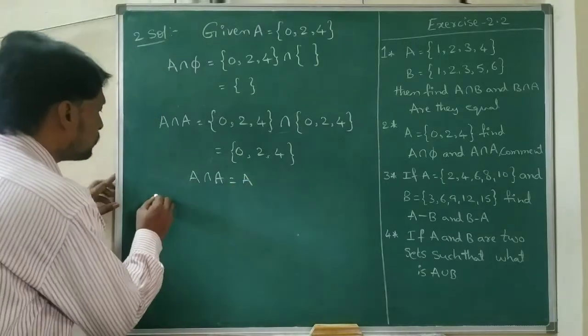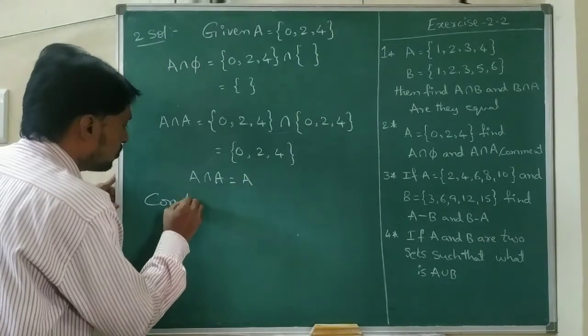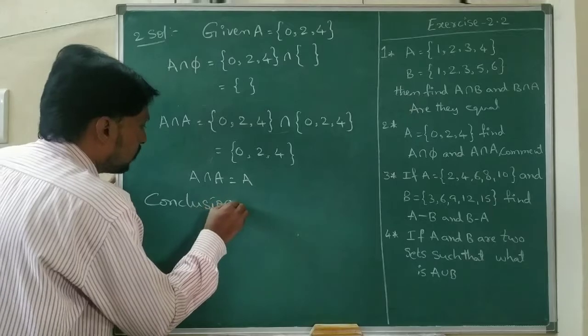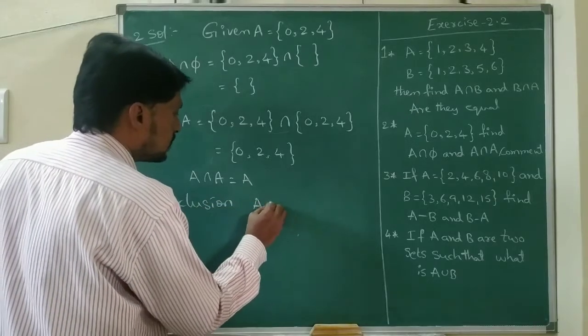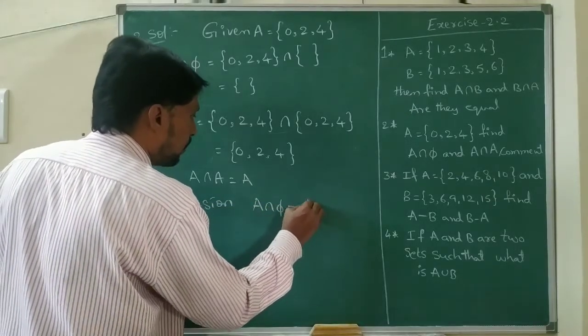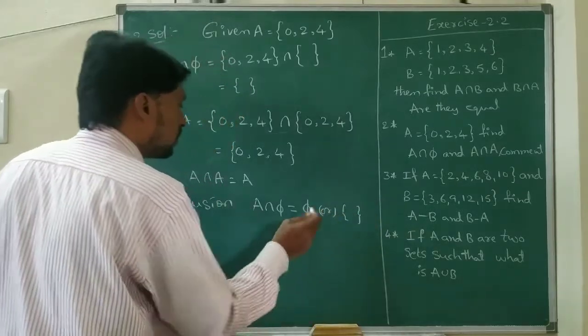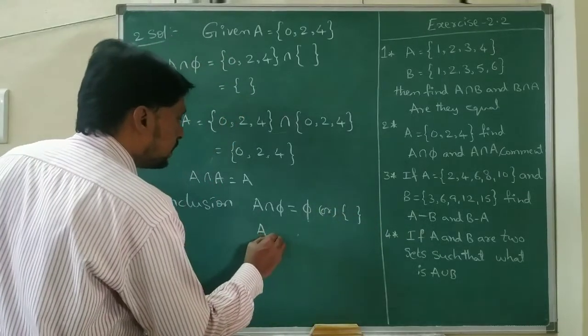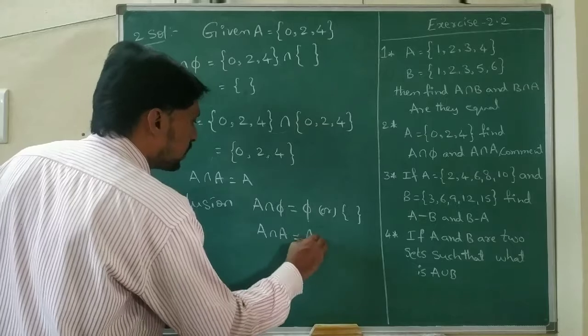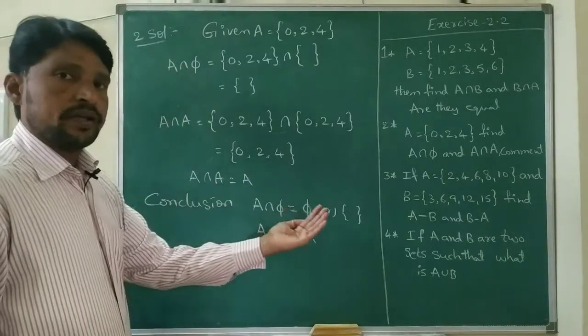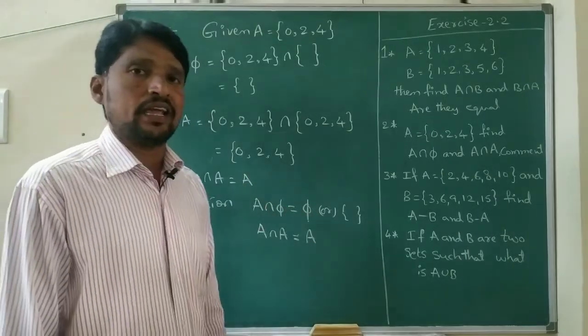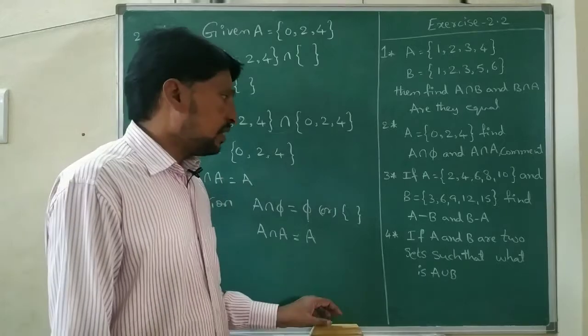Conclusion: A intersection phi, we are getting phi, or we can write like this, the null set. So A intersection phi equals phi, A intersection A equals A, we are getting.